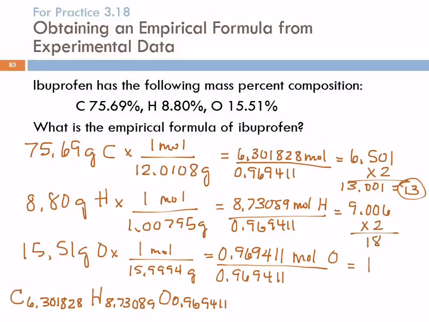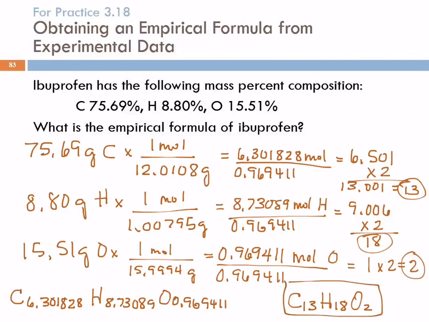That's going to give us 18. And 1 times 2 is going to give us 2. So those are our subscripts. So it's actually C13H18O2. And that is different than what we would have gotten if we had just rounded those to whole numbers.